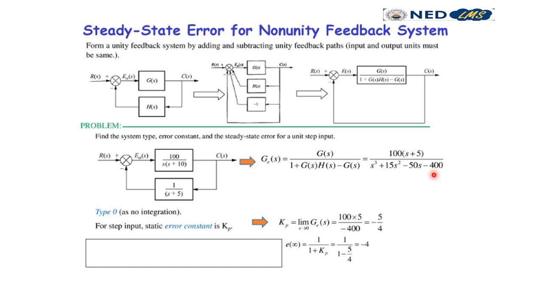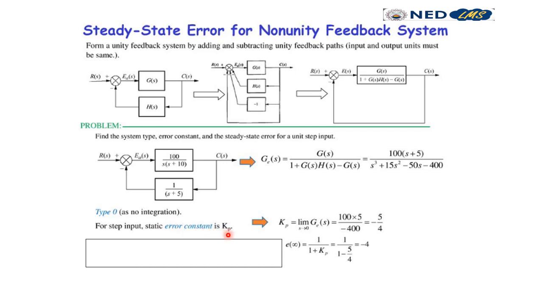If I solve this cubic equation, we'll see that it does not have any pole at the origin. It has 3 poles, one at 3.36, another at minus 17.69, and minus 0.6709. So this does not have any pole at the origin, so we can say that this is system type 0.